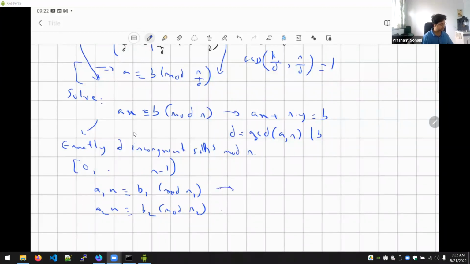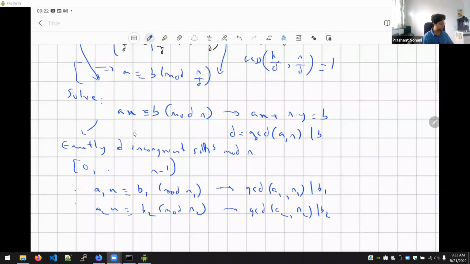So for the first equation to have a solution, we require the condition that GCD of a1 and n1 should divide b1, and for the second equation, GCD of a2 and n2 should divide b2. So both of these should be satisfied, but that alone may not be enough, because it could be that the two individual equations have a solution, but there is no common solution.